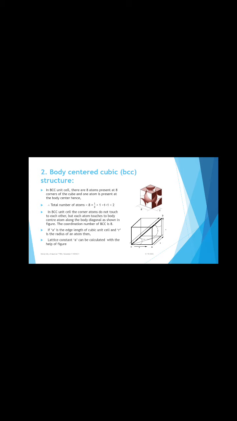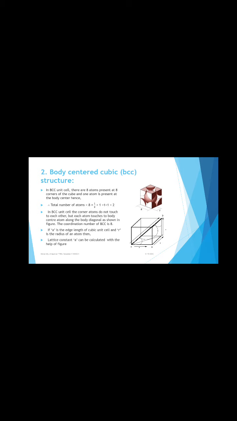In case of BCC unit cell, there are 8 constituent particles or 8 atoms present at the 8 corners of the cube, and 1 atom is present at the body center.